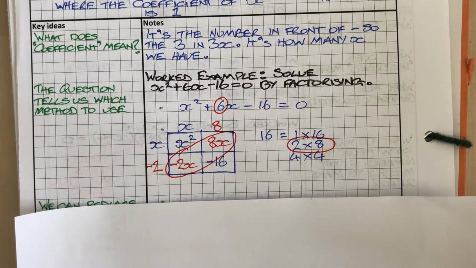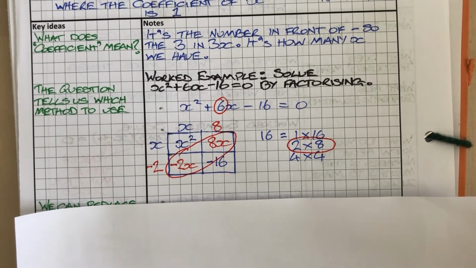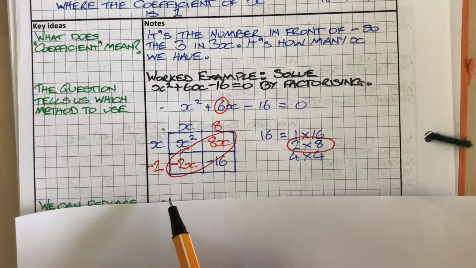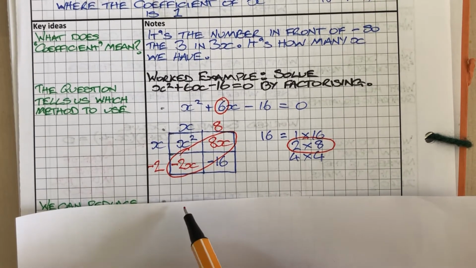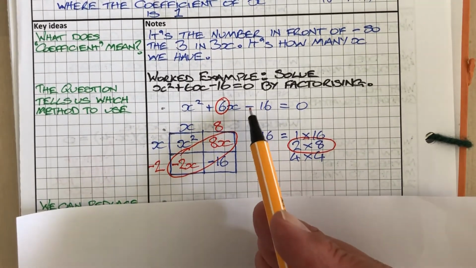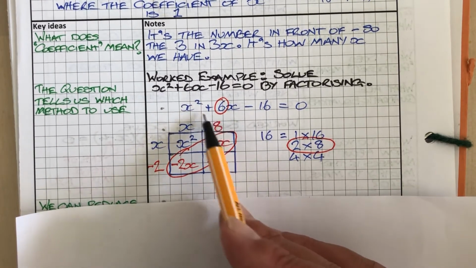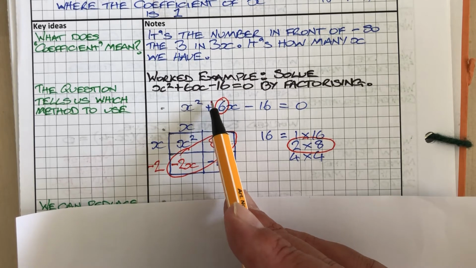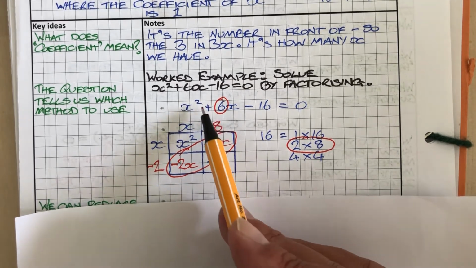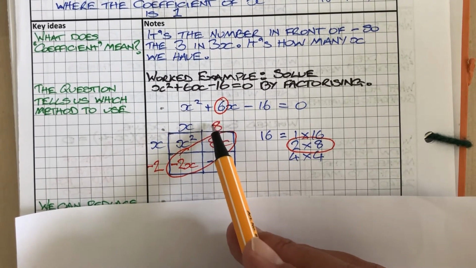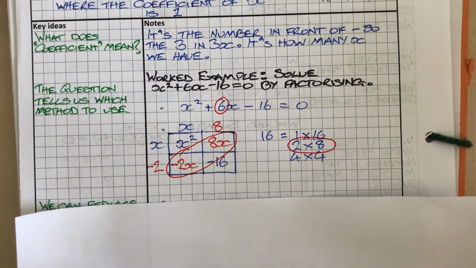All right. Now, an easy way of remembering it: this sign here matches the bigger of the two numbers. So positive here goes with the 8, not with the 2.